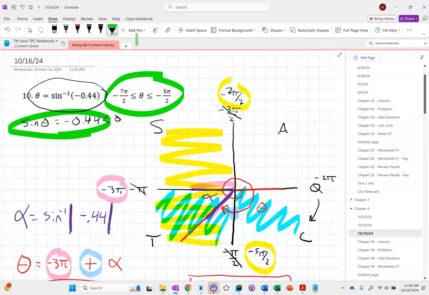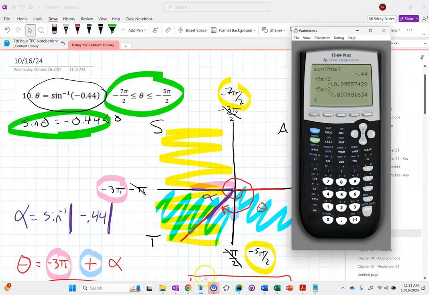That's it. I'm not going to do any unit conversion. I'm just going to make sure that negative 8.97 fits in between negative 7 pi over 2 and negative 5 pi over 2. I just type the two things into my calculator to get the decimal and just make sure it's in between. Let's do it the easy way, right?